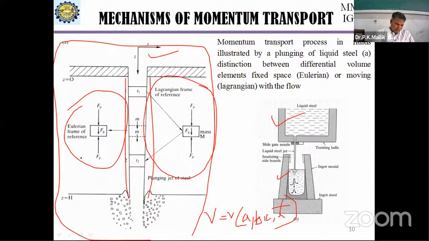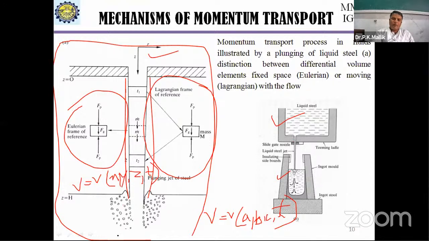In functional form, we can write V is a function of x, y, z and t. Here x, y, z, and t are all independent variables.